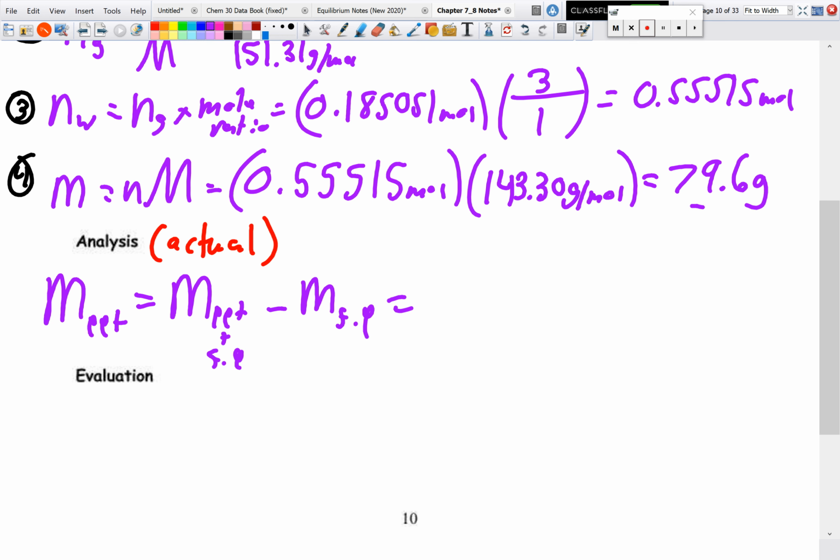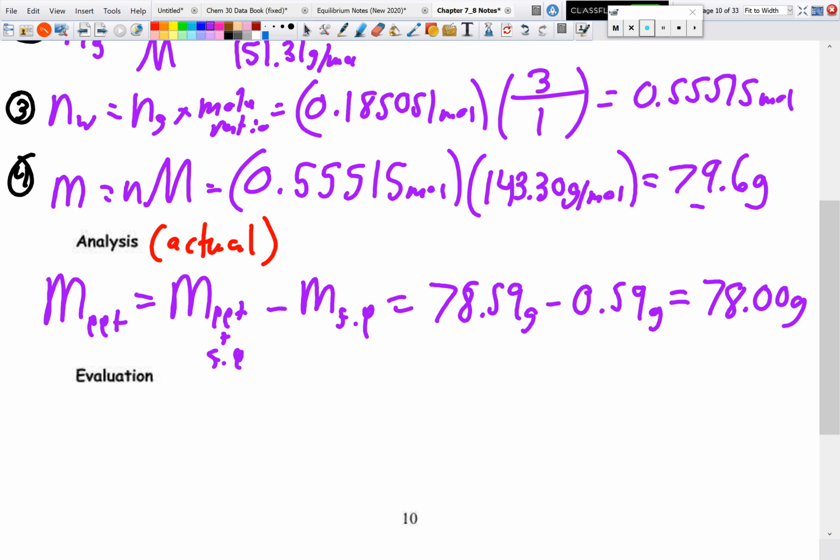That should make sense because when we weigh out the precipitate and the filter paper, we had 78.59 grams, and we knew the filter paper before weighed 0.59 grams, so if we subtract one from the other, we're going to get the mass of the precipitate just being 78.00 grams, which is exactly what we need. So that is exactly the mass of what we actually collected there.